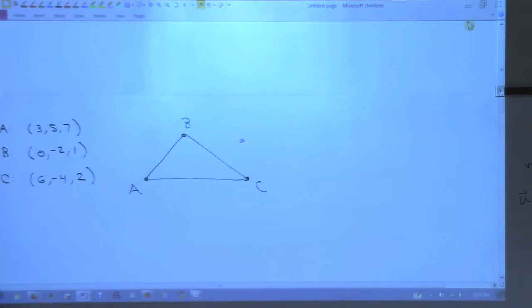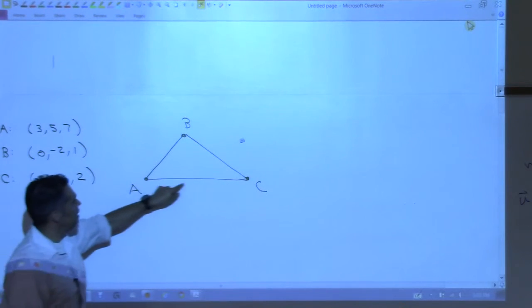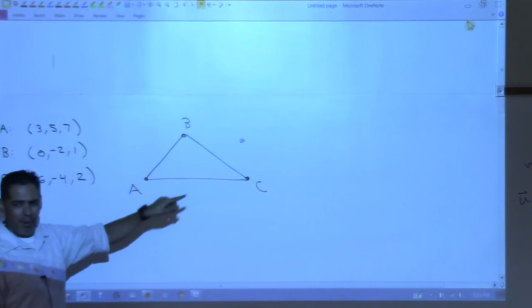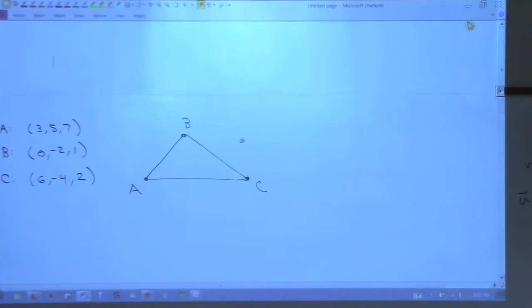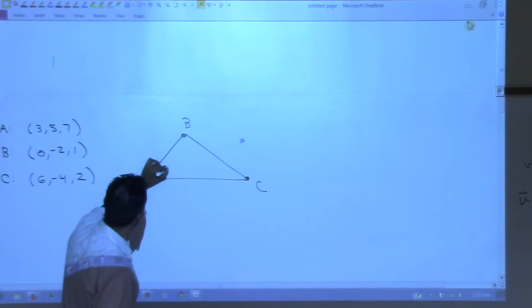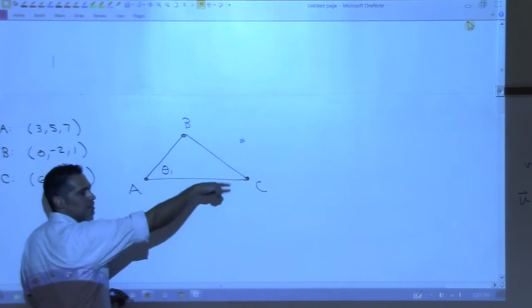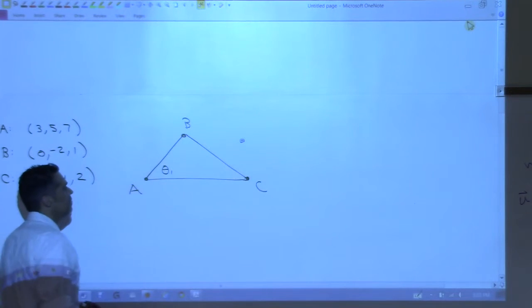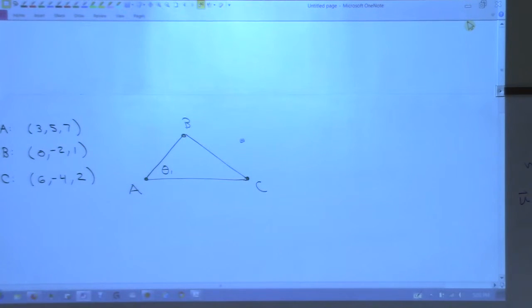I guess you could figure out the distance between points, so you would know the lengths of the sides. You could probably do it. But for us, let's just check. How would we check this angle right here? Let's call this theta 1, because there's actually 3 angles. How could I figure out if theta 1 is a right angle?